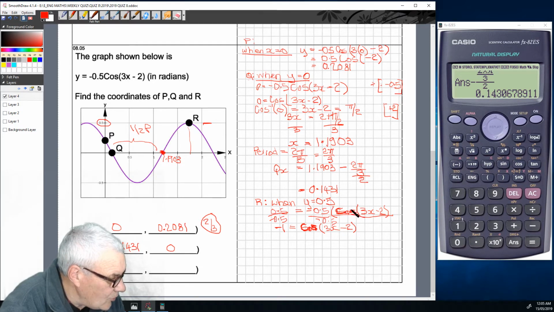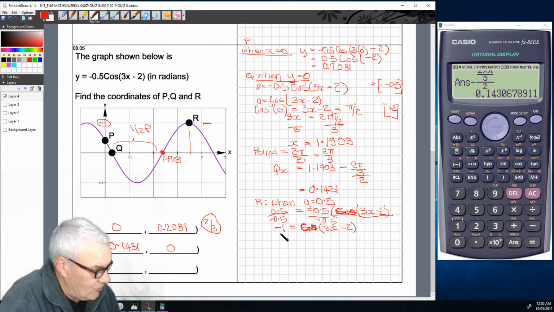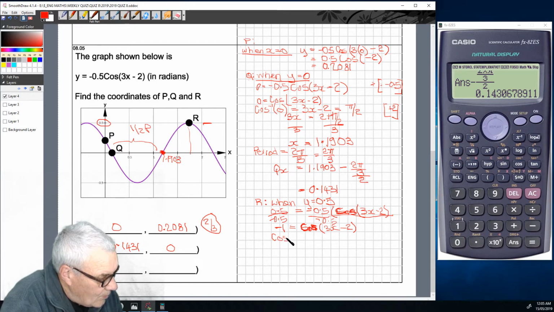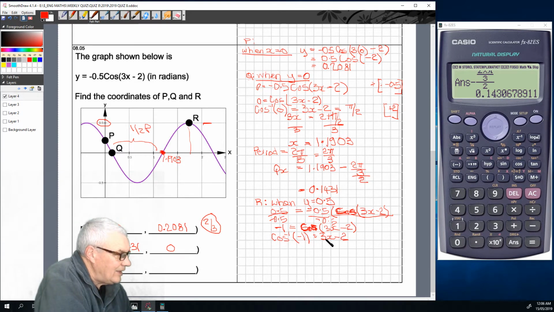Very easy, we've got to be very careful. Cosine, that's better. So then we can say cos to the negative 1 of negative 1 equals 3x minus 2.